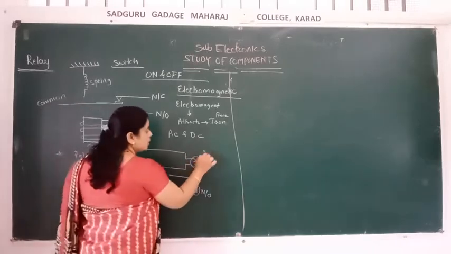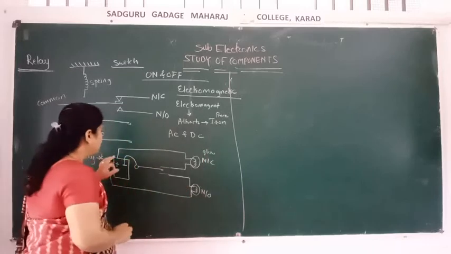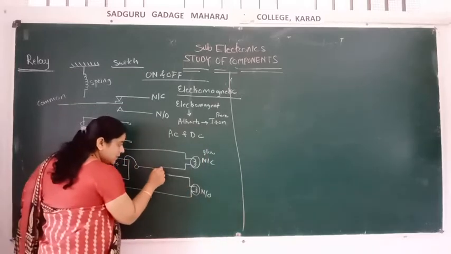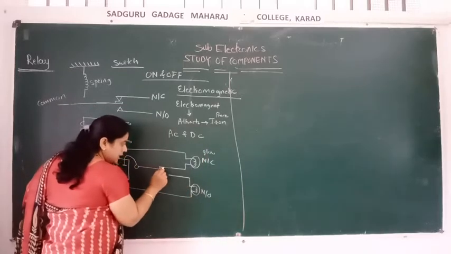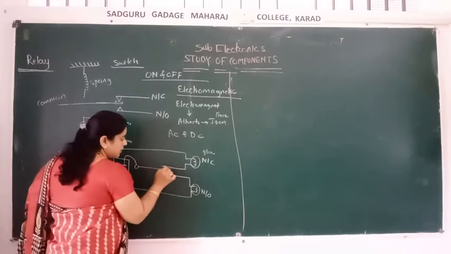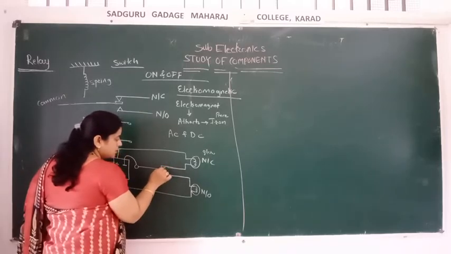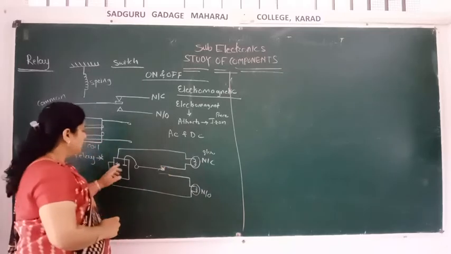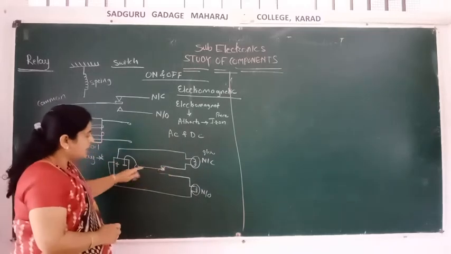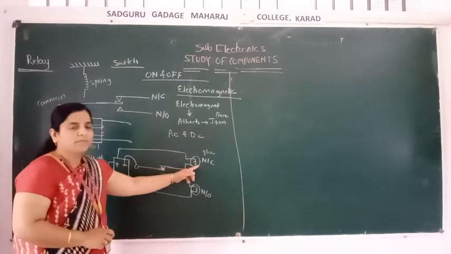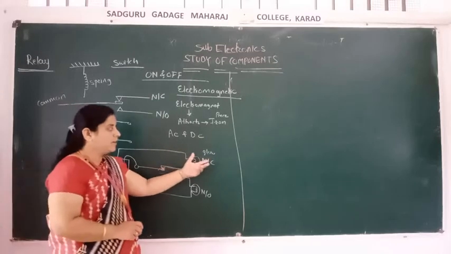This bulb will glow. See, and if it is connected with this negative point, okay, if it is connected here, the negative, then what happens? Here this common is connected to the negative, then this bulb will glow or it will be on.